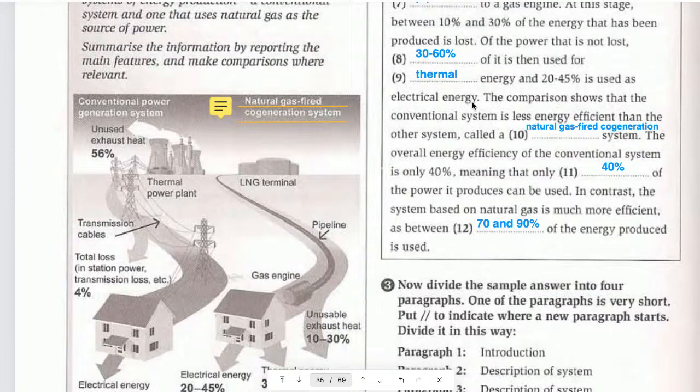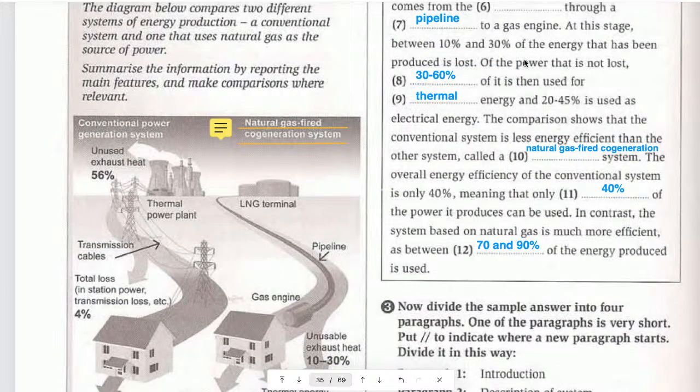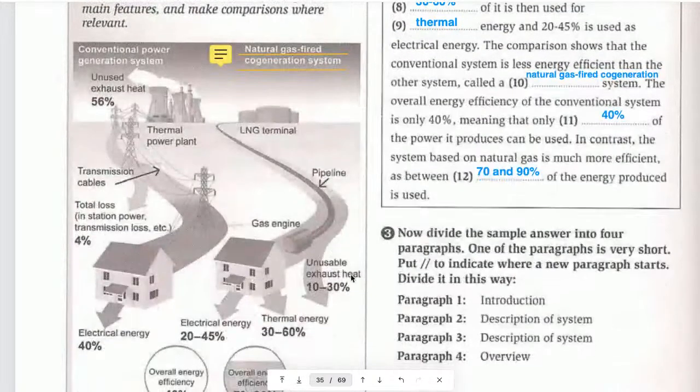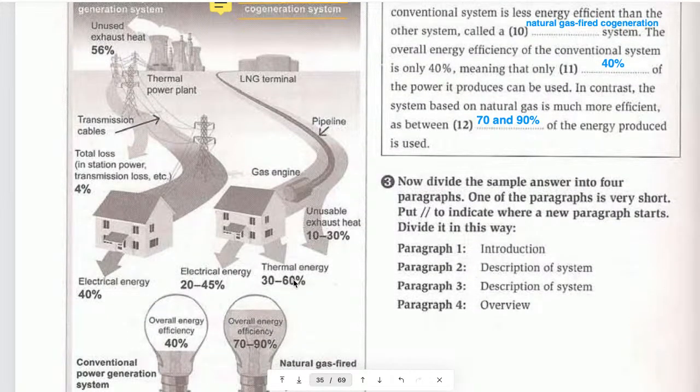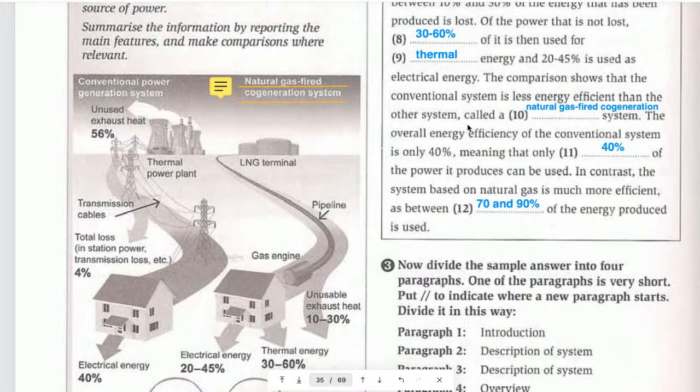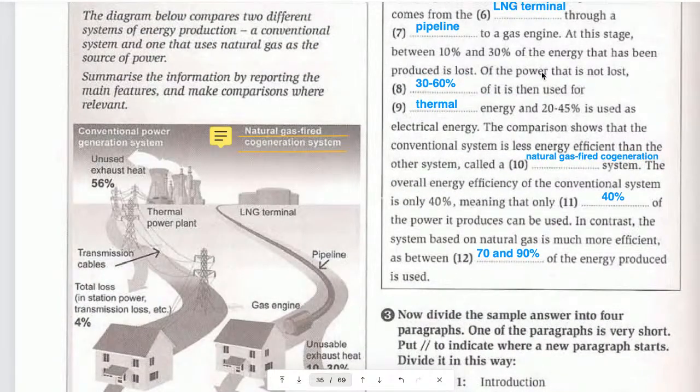And here they say that of the power that is not lost, meaning in that 70% left, 30 to 60% is used for thermal energy, and 20 to 45% is used for electrical energy. So that makes sense, right? But you have to mention that it is of the power that is not lost. If you don't mention that, everything goes wrong.